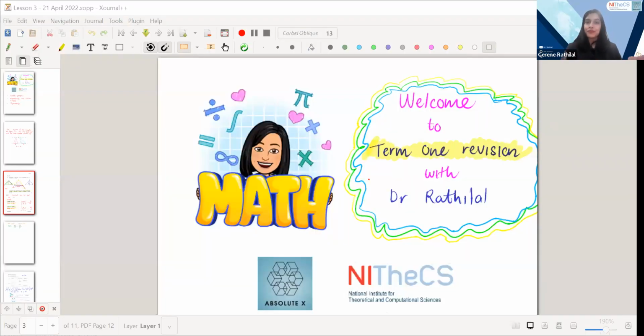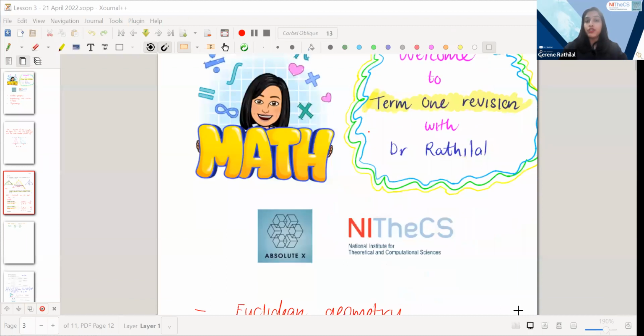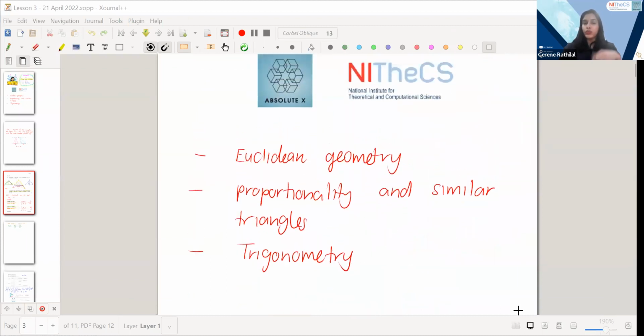So to begin, we're going to recap what we had done in the previous lesson, when we started part 1 of Euclidean geometry. In that lesson, I mentioned the main concepts one would have to cover in preparation for paper 2 when you were all preparing in term 1.